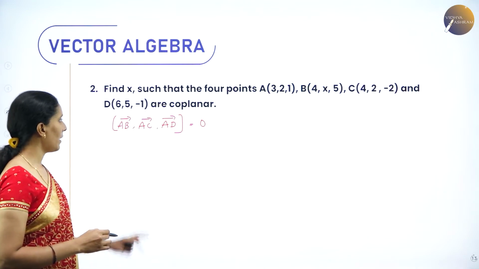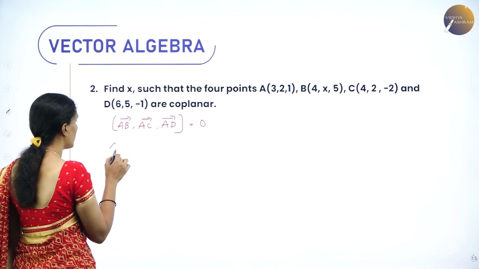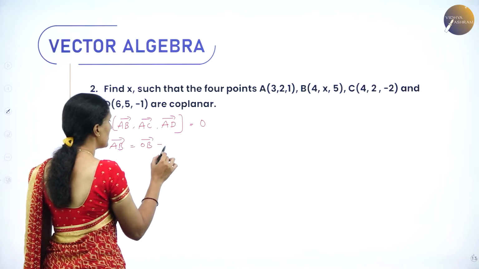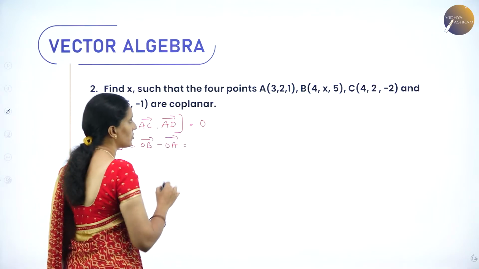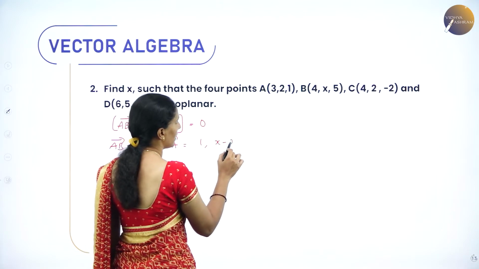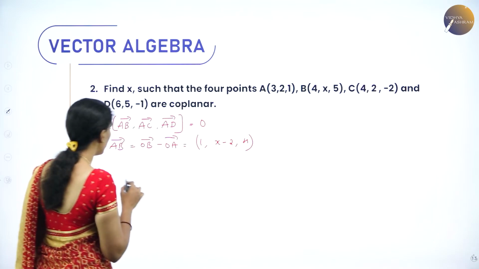Now to find AB, AB is nothing but vector OB minus vector OA. So let's write down: 4 minus 3, 1. Next we have x minus 2. Next we have 5 minus 1, 4. So these are the components of AB.